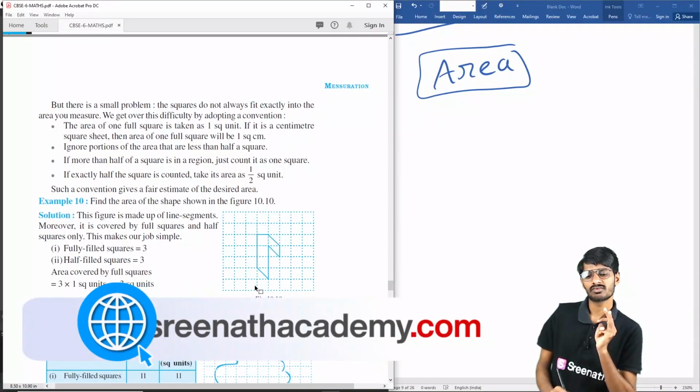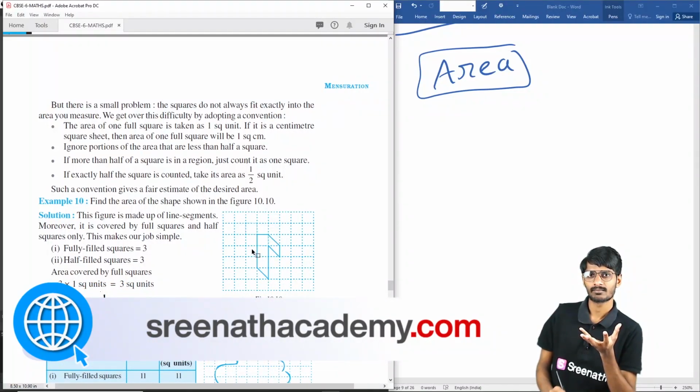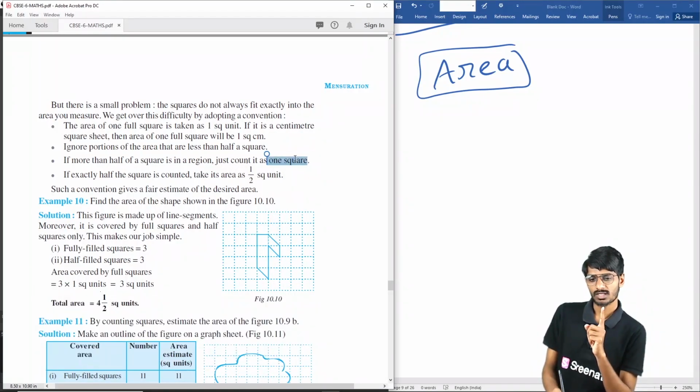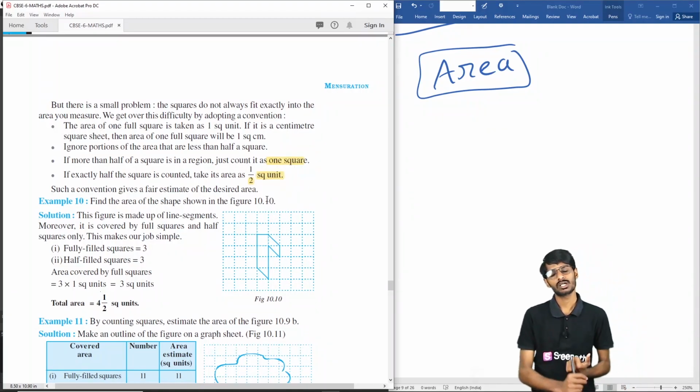And how many half squares is it occupying? First, you have to look for how many full squares it is occupying. If more than half of a square is occupied, then you count it as one square. If exactly half is covered, then it is taken as a half square unit. Like that you have to start counting the squares.